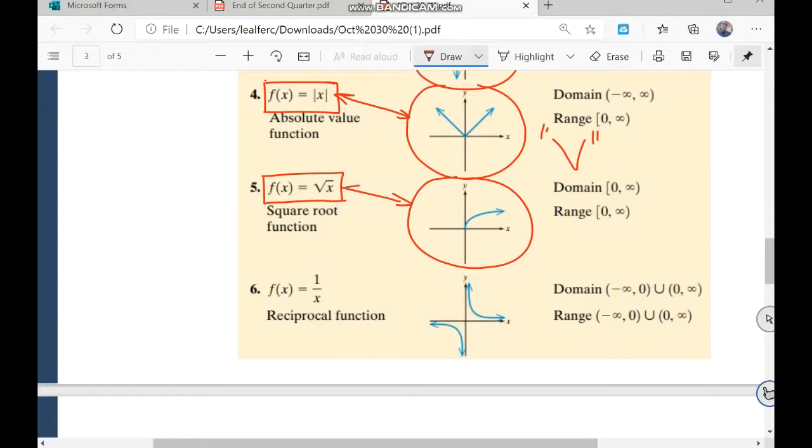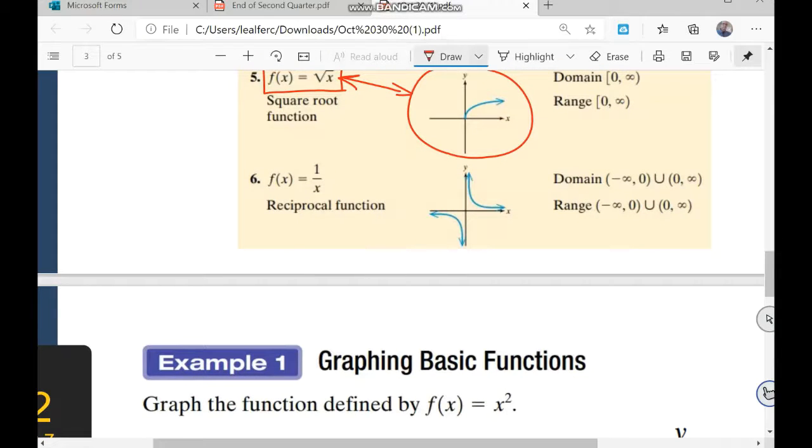So match this. And then the last one that we have here is the reciprocal function. Reciprocal function is a funny graph, because it has a gap in the middle. It doesn't have a graph in the middle. It looks like two curves pointing to opposite sides.